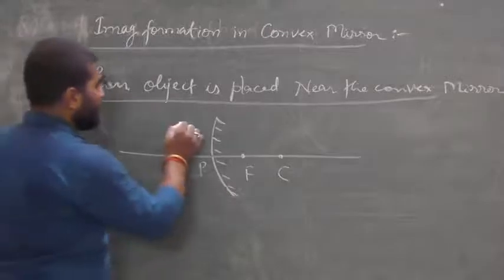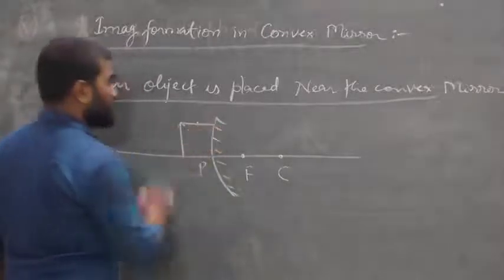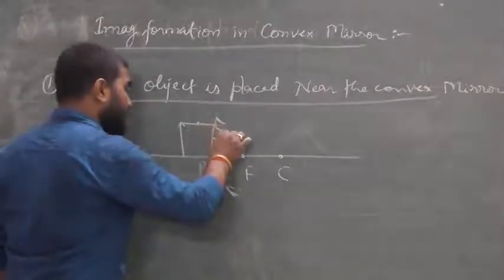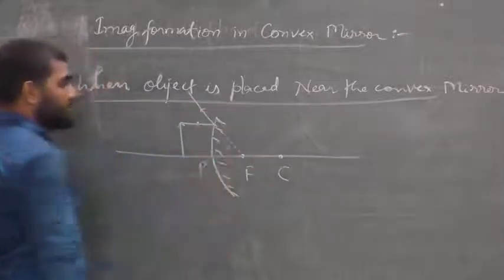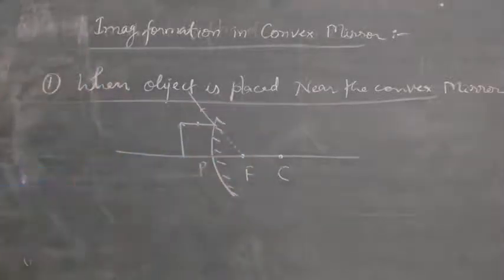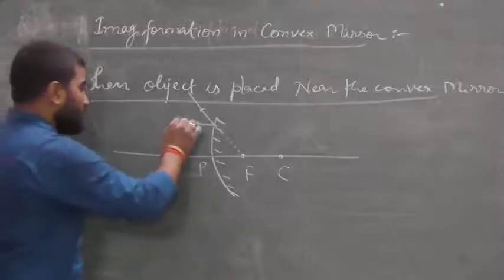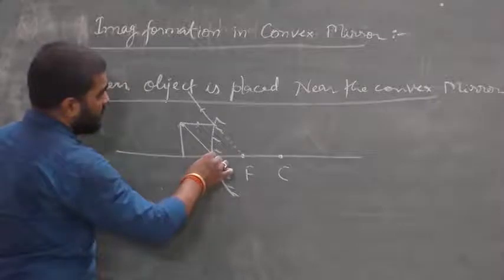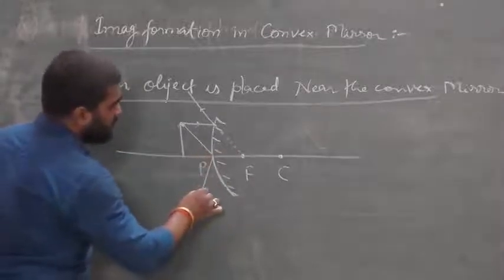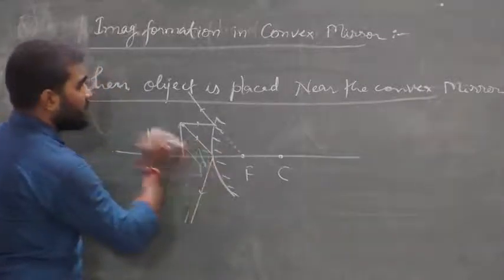As we know, when the ray of light falls parallel to the principal axis, then it will reflect back from the focus. Okay, it will diverge from the focus. And now in the second rule, when the ray of light falls obliquely on the pole, then it will reflect back with the same angle. So here the angle of incidence will be equal to the angle of reflection.